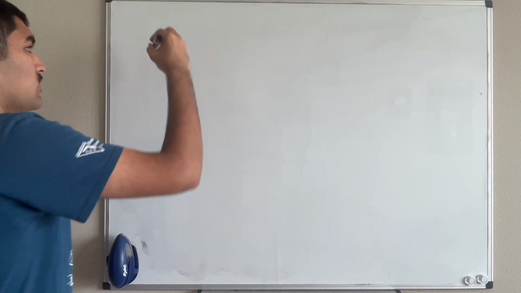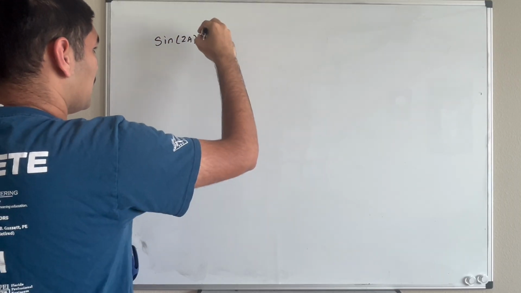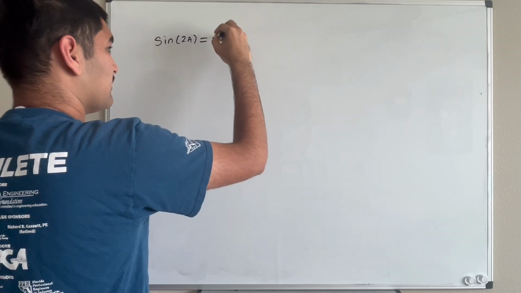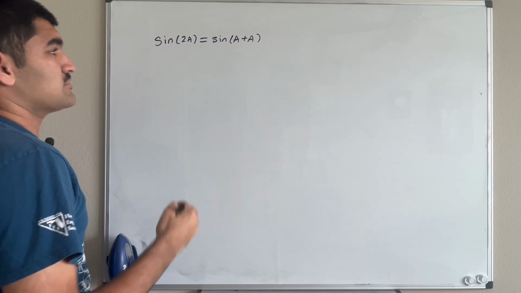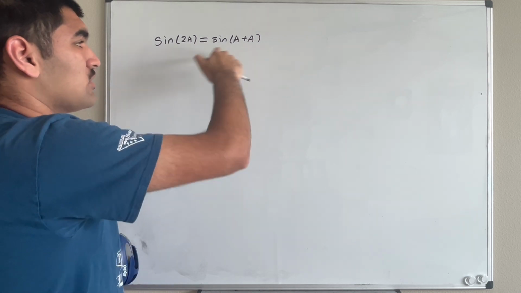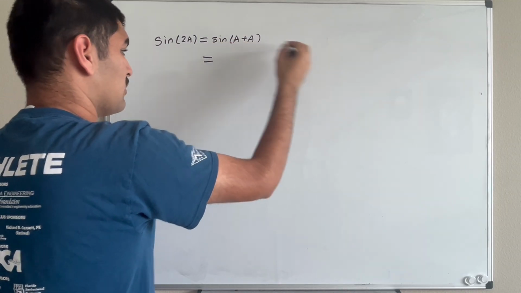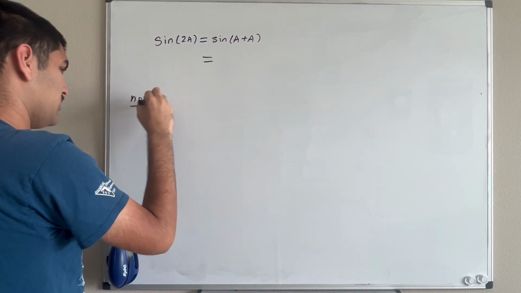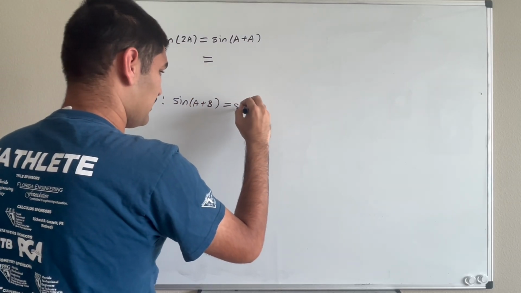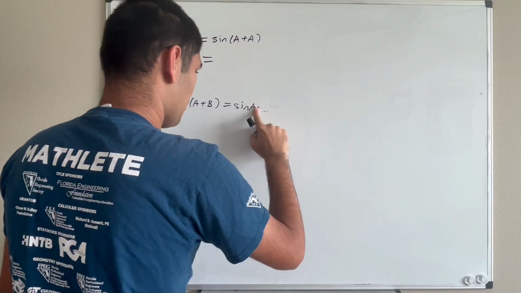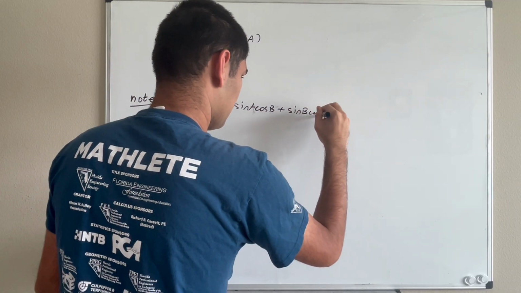Okay. So let's begin with sine of 2a. So this is just the same thing as saying sine of a plus a, right? And so now we can just apply the sum identity for sine on this. So note that sine of a plus b was equal to sine a cosine b plus sine b cosine a, right?